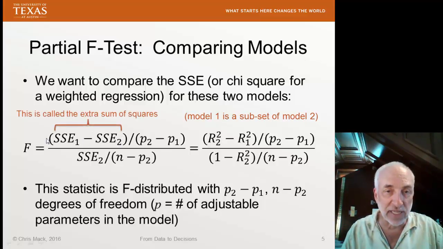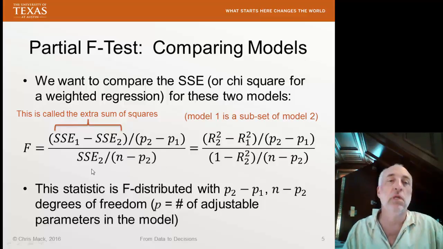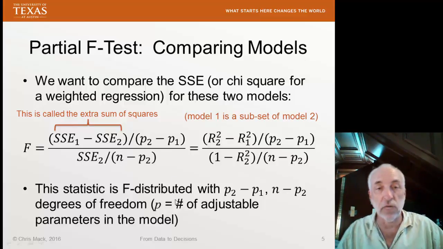So we look at the difference there and divide that by the difference in the number of parameters between the two. We compare that difference in the extra sum of squares to the mean square error of the full model. So this is the sum of square errors of the full model divided by the number of parameters in the full model.